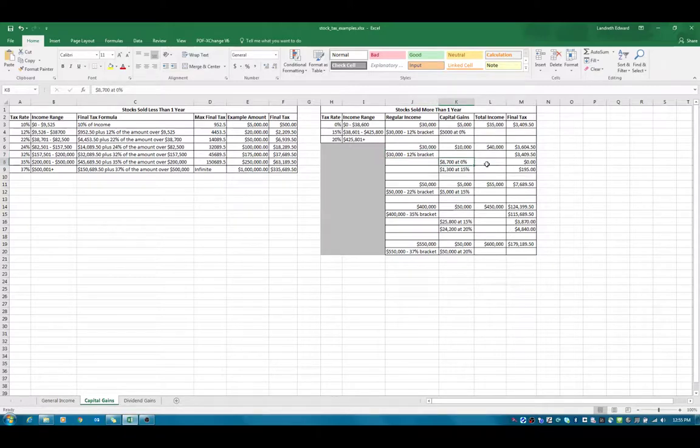Actually, I'm sorry, man, I am really off on this right now. So this would be the 8,600, because that is our income range for the stock.